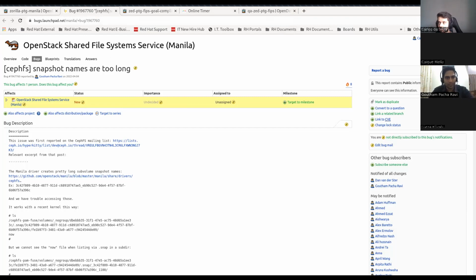Then once you try to visit the snapshot contents, Ceph cannot find the snapshot you are trying to access.